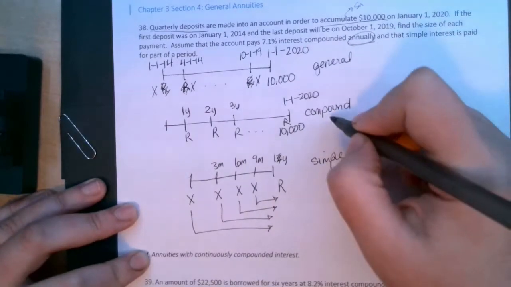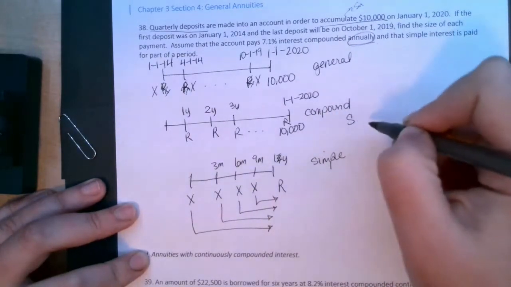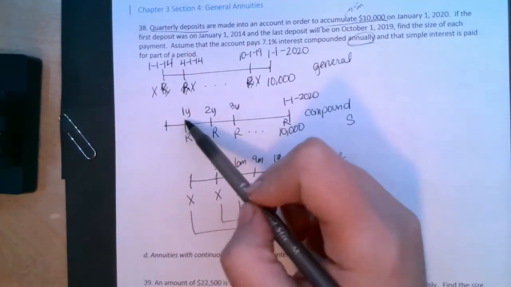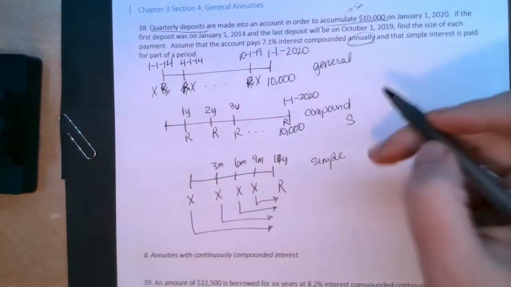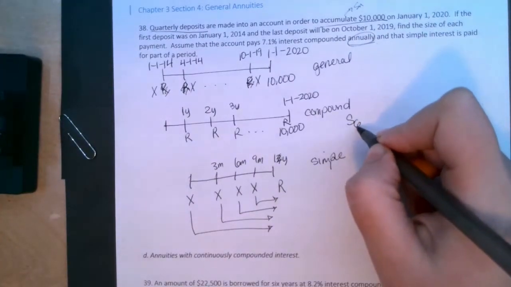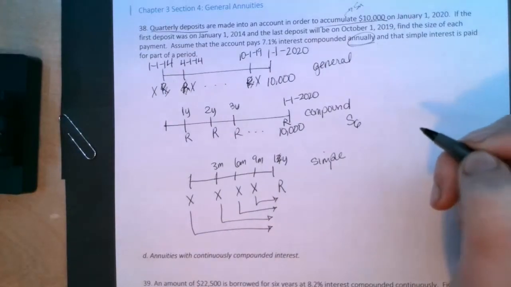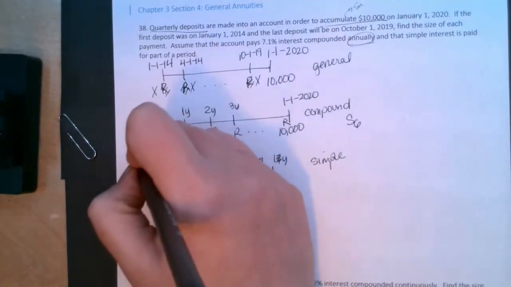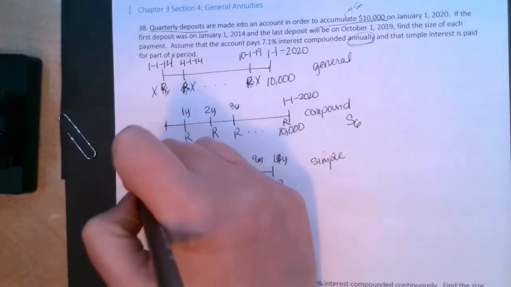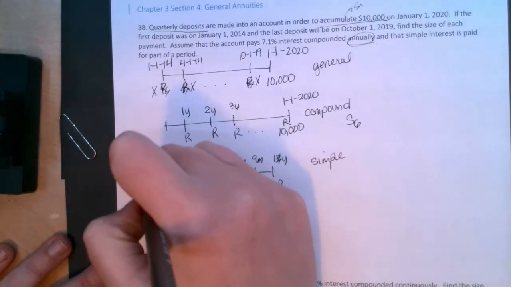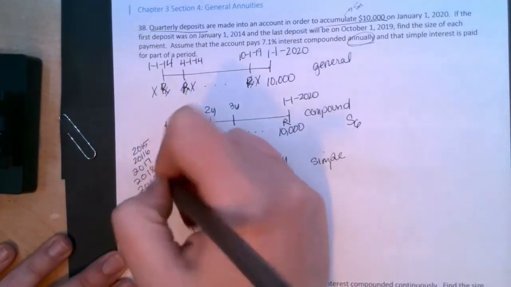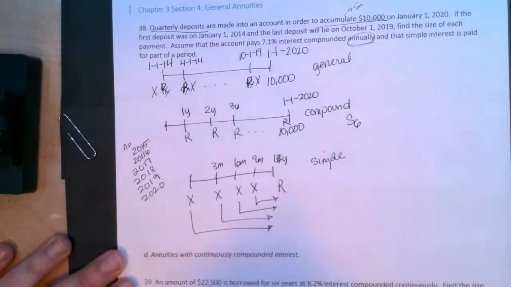That means this is really S, and if this starts in 2014, then this will be 2015, so it's going to be S6. Because we're going to make a payment in 2015, 2016, 2017, 2018, 2019 and 2020. That's 1, 2, 3, 4, 5, 6. So this is our N.